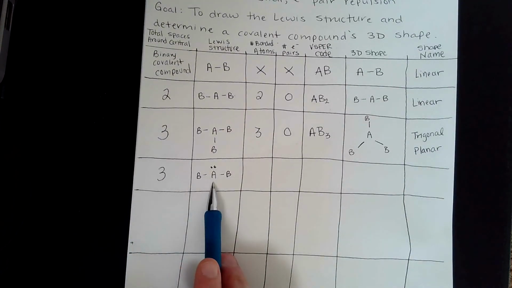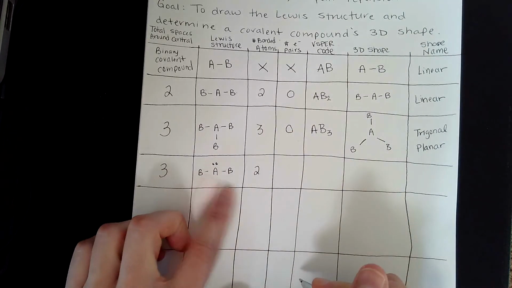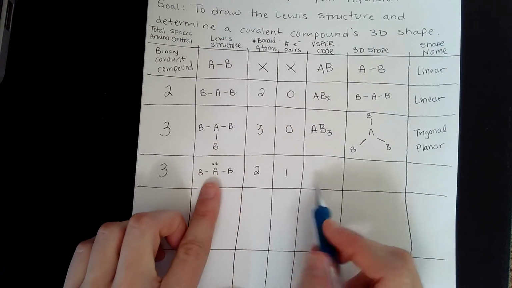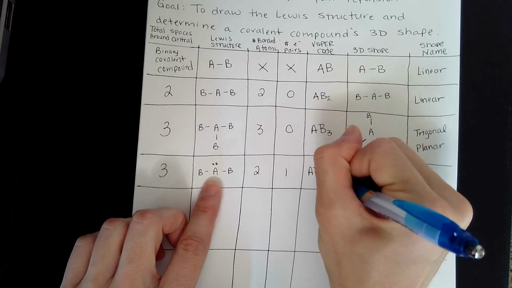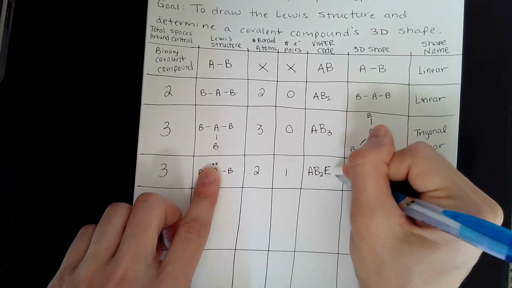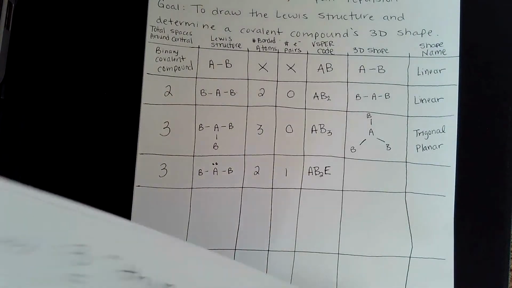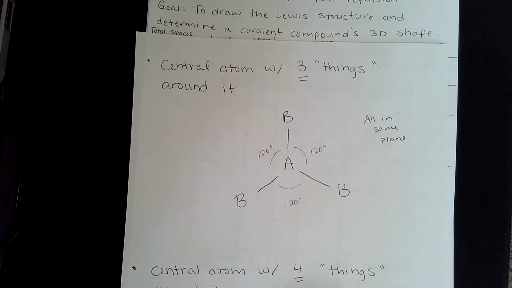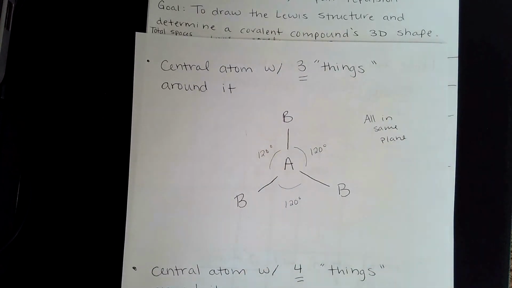Now if we look here, this is slightly different because we have 2 bonded atoms and 1 pair of electrons. So this VSEPR code would be A for our center, 2 B's for our bonded atoms, and then we're going to put an E to represent that pair of electrons. Now, to draw the 3D shape, we still have 3 things around our center atom, and they're still going to have 120 degrees.